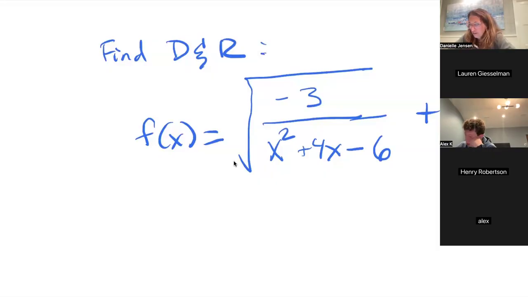So it's a little trickier because there are multiple reasons why it's trickier. Totally doable though for you guys. It's the one where we've got something in the denominator, but it's also in a square root. So it's even a step further than what we did on the quiz. So let's give it a minute to think about it. And I'm going to think about it too, since I haven't done it.